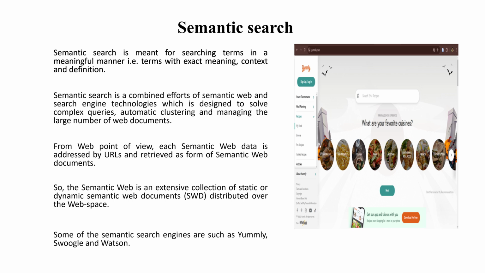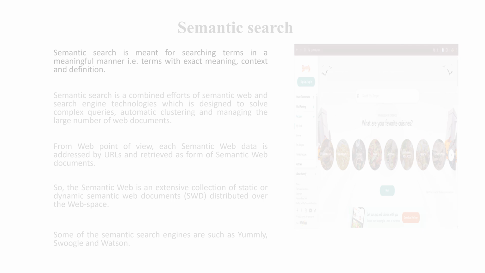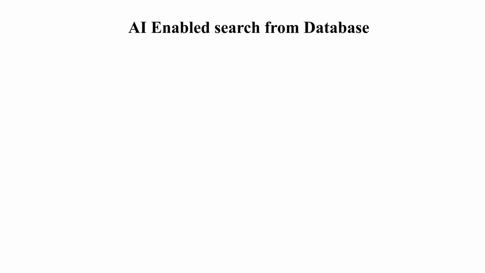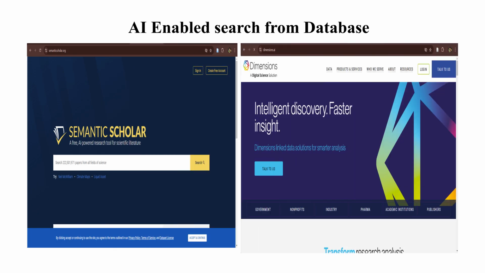My dear friends, I must not complete this journey without touching on these two new things, which probably are not in your syllabus or course content, but today search engines and search processes are enabled with AI technologies. These two screenshots belong to AI-enabled search tools called Semantic Scholar and Dimensions.